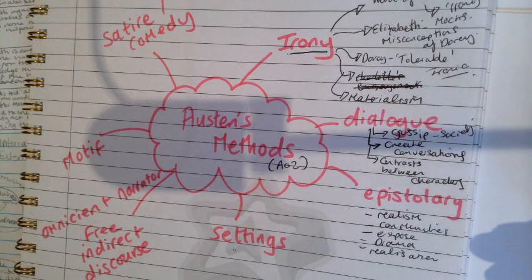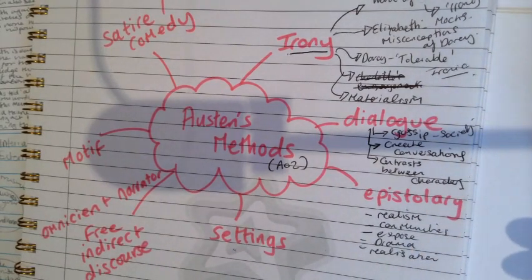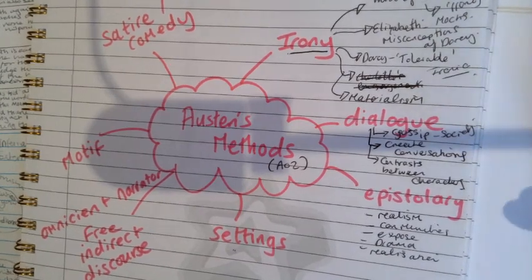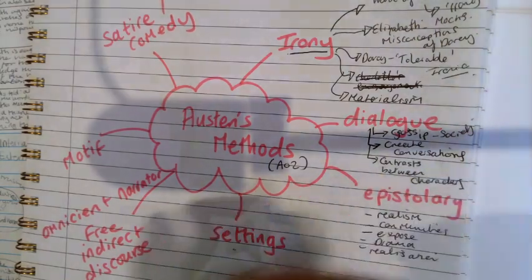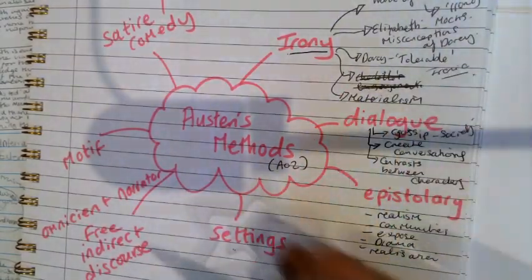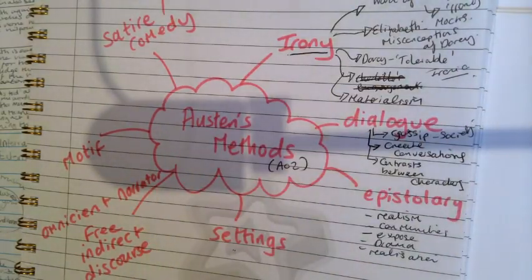For instance, if you have a conversation between Lizzie and Catherine de Bourgh, you'll be able to see the difference in their characters through what they say. So I definitely would like you to think about Austen's use of dialogue, particularly if you have it in your extract. That could be a method that you could discuss.